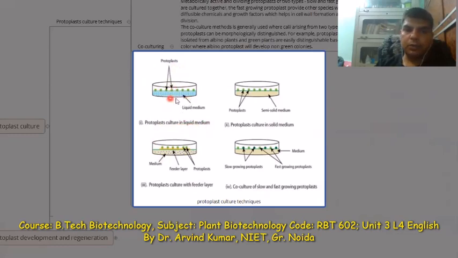So here, like this, we culture protoplasts in a liquid medium. Protoplast culture on a semi-solid medium. Okay, protoplast culture with a feeder layer, which is irradiated cells used as a feeder layer, and over it we are using the non-irradiated cells, which we actually want to grow further. And then co-culturing, in which the fast-growing protoplast and slow-growing protoplast are actually providing some essential nutrients and growth factors to these growing cells.